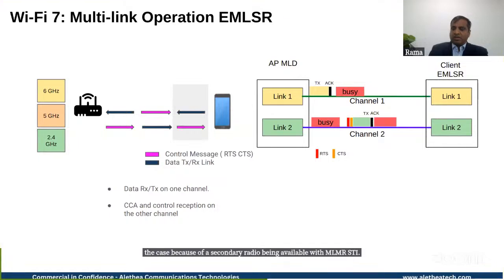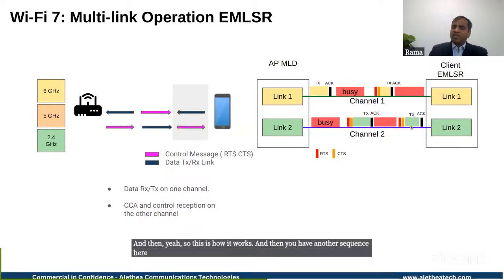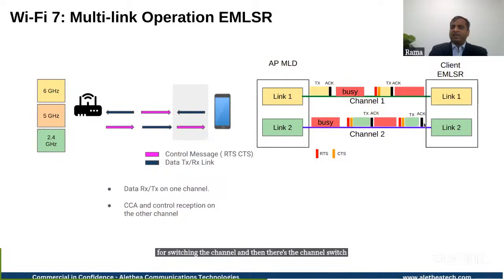Now, if we go through this, when it is switching from channel 2 to channel 1, again, we have the control sequence, which is the RTS CTS. And then you have another sequence here for switching the channel, and then there's a channel switch, and it works. Later in my presentation, I would also provide you a glimpse of how this happens via a Wireshark graph that we have made to illustrate this purpose.